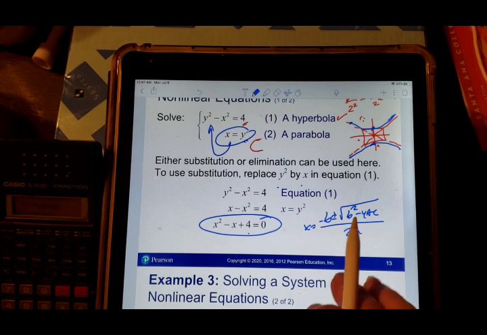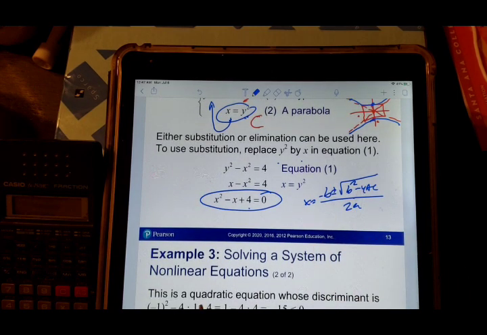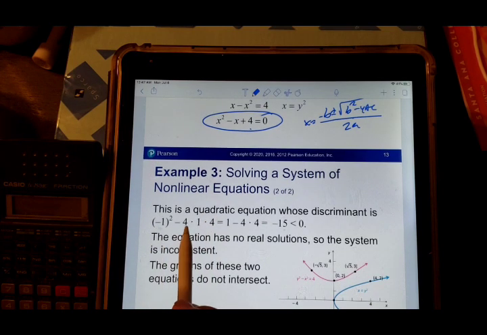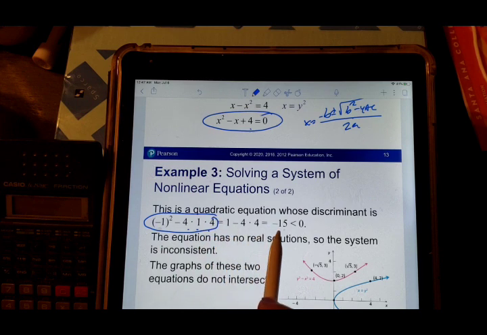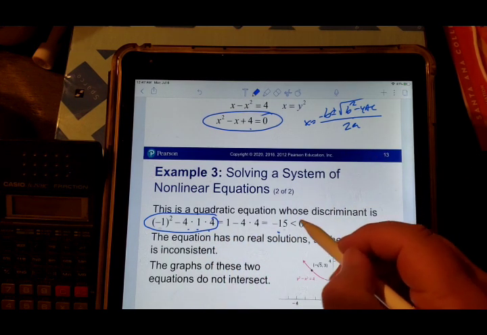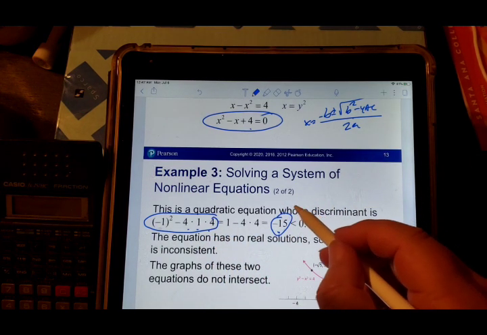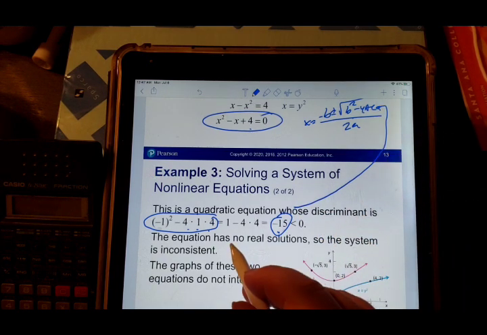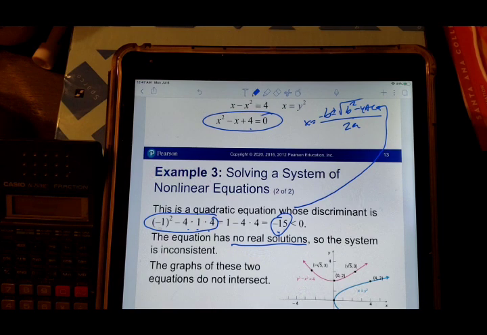It turns out that when you run that part through the formula, b squared minus 4ac, you get negative 15. Well, a negative 15 under the radical tells us there are no real solutions, and therefore if there are no real solutions to find x, there are just no points to this problem.